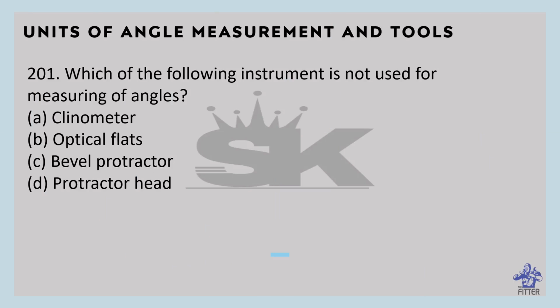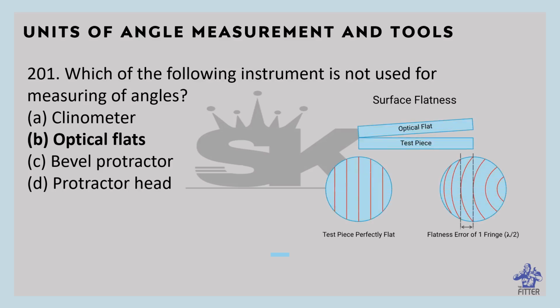Which of the following instrument is not used for measuring of angles? So here option B, optical flats. You can see in the picture, flatness error can be tested by placing the optical flat above the test piece.